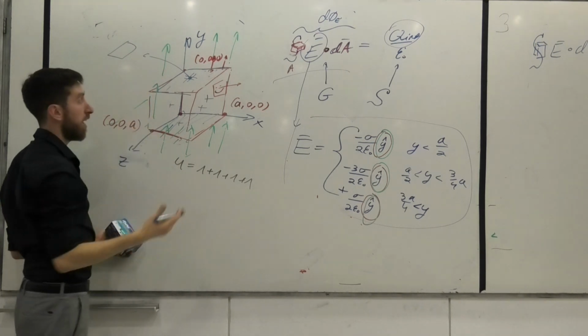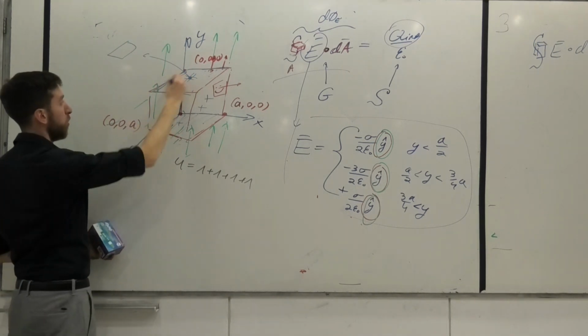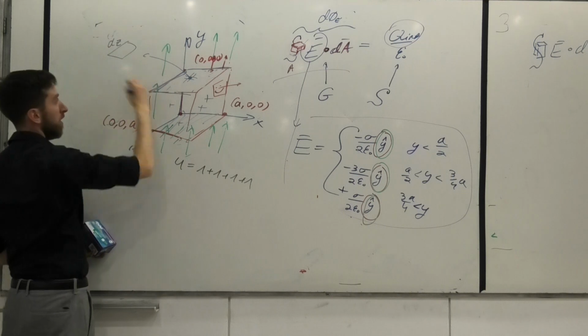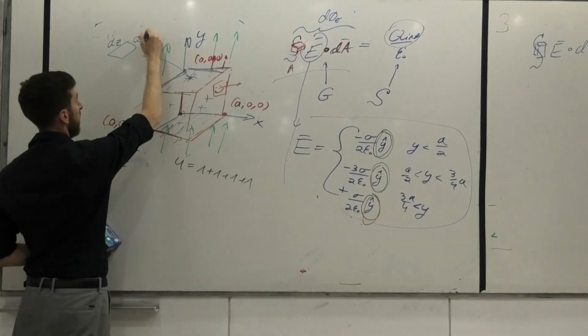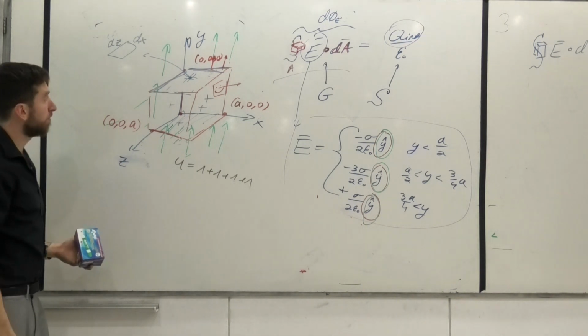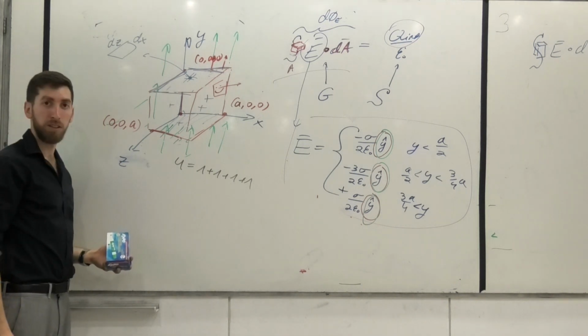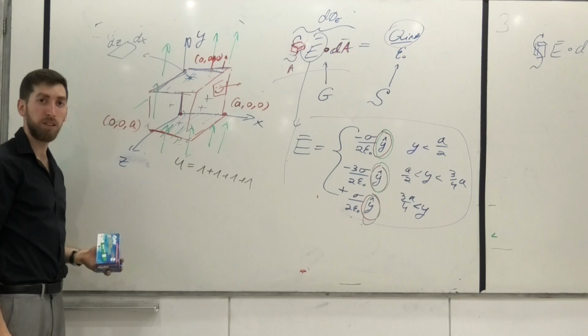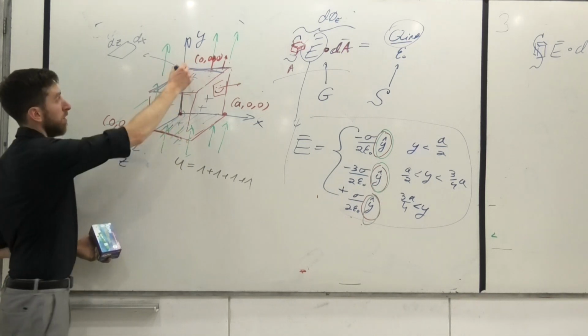It's dA, and it consists of some contribution dz and some contribution dx. But since the side is A, we can just take it as small a. The sides of the small cubes.